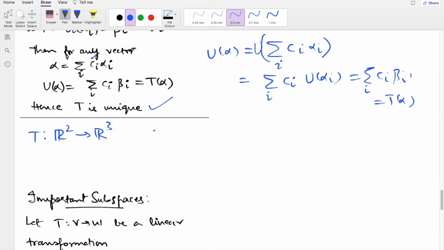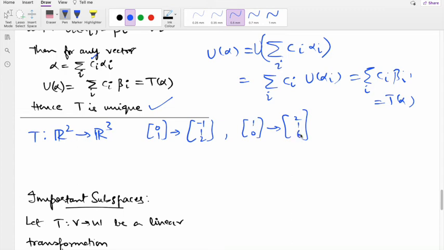Let's say I want some mapping in this format: I want to map (0, 1) to something like (-1, 1, 2), and (1, 0) to (2, 1, 6), or whatever.